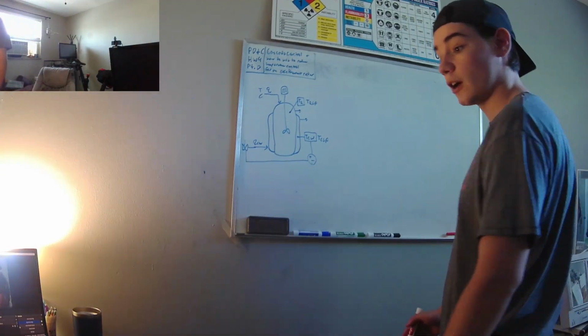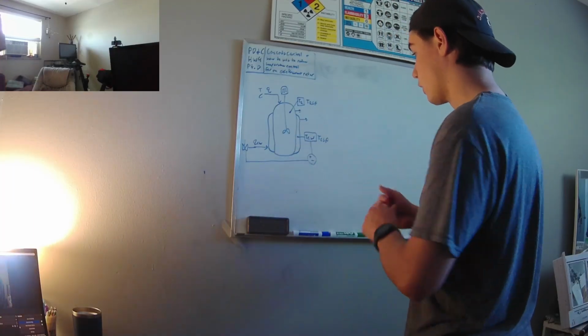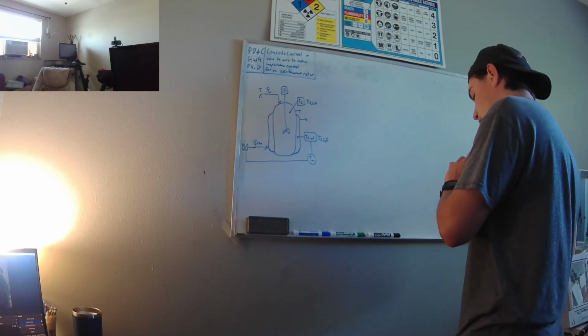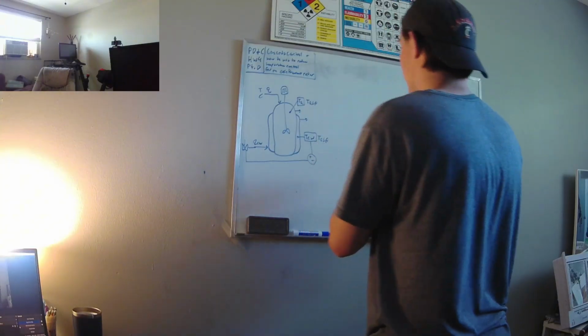Alright, now we've got our overall diagram for our potential reactor here. We're going to go ahead and try to draw the block flow diagram.